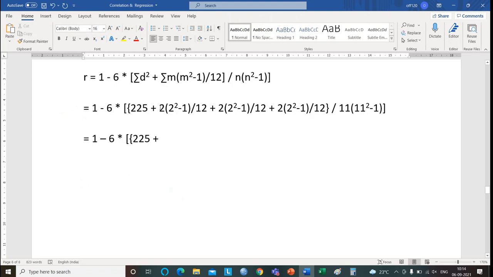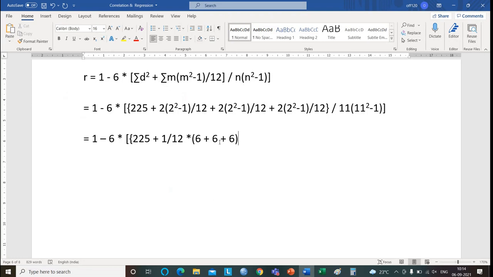All these three expressions are the same, divided by 12, so I can take the LCM as 12. 1 divided by 12 into, now 2 into 2 square minus 1. 2 square is 4, 4 minus 1 is 3, 3 twos are 6. Once I'm taking the LCM, I'm adding the numerator values, so I get 6 plus 6 plus 6. That is my expression, whole divided by 12.